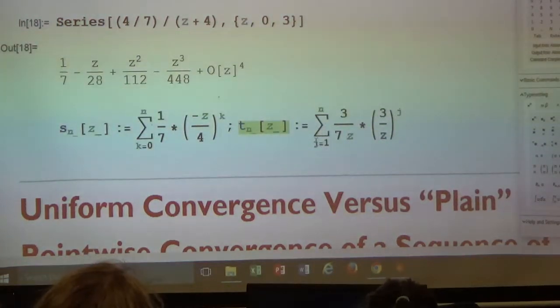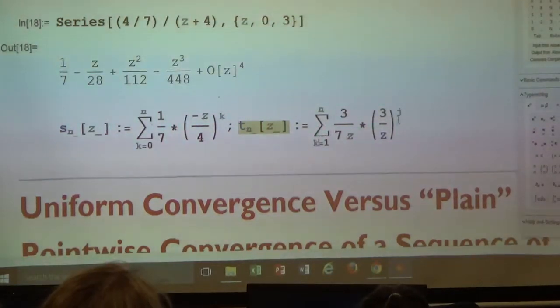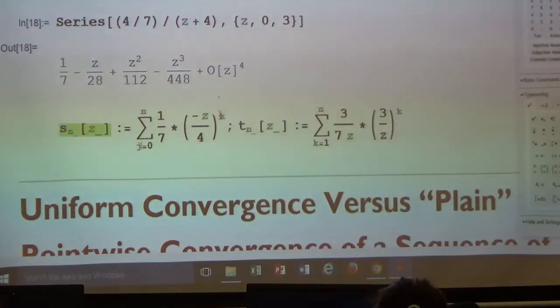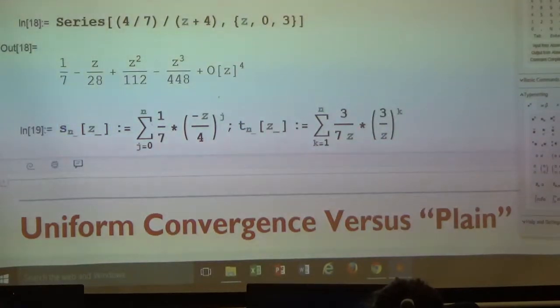The sum of these two things would then be a combined partial sum for the Laurent series of the original function that's going to converge on this disk. Hopefully.